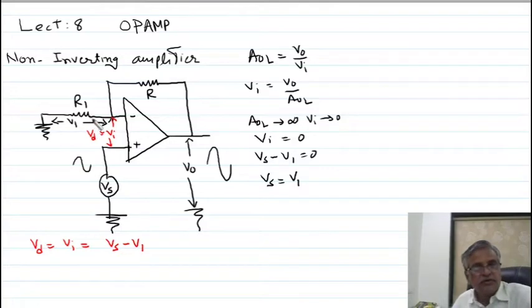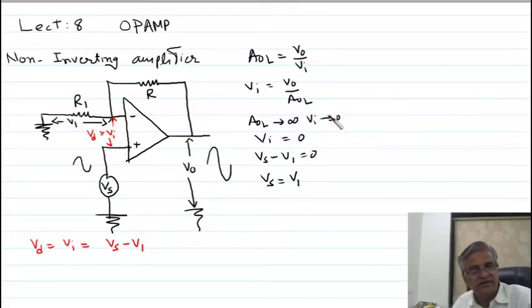Look again, due to the infinite input impedance of the op-amp and due to the infinite open loop gain of the op-amp, the differential input at the two input terminals of the op-amp is very, very small. This tends to 0.